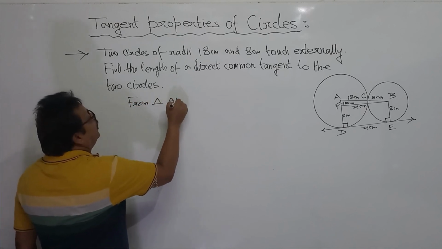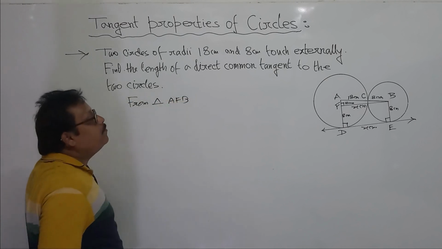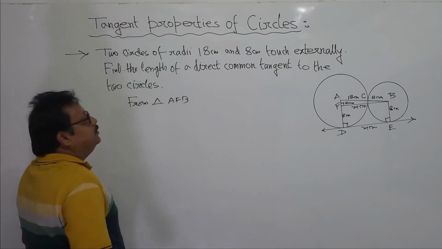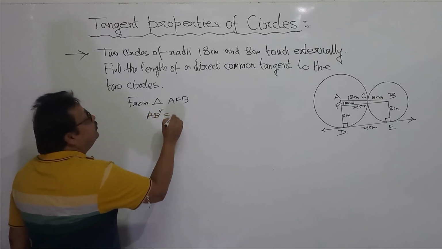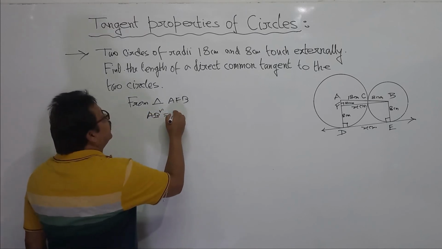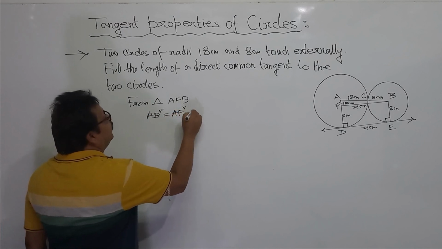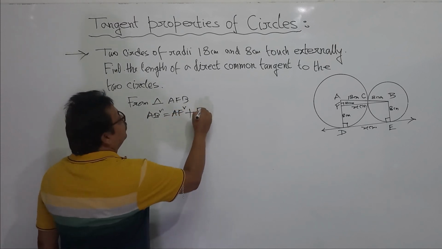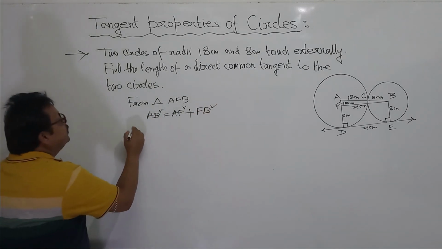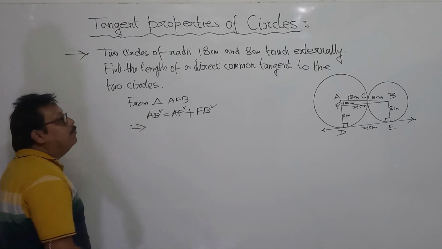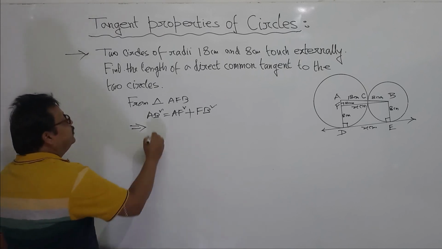Now, from the triangle AFB, AB square equal to AF square plus FB square. Correct? This implies AB square. What is AB? 18 plus 8.